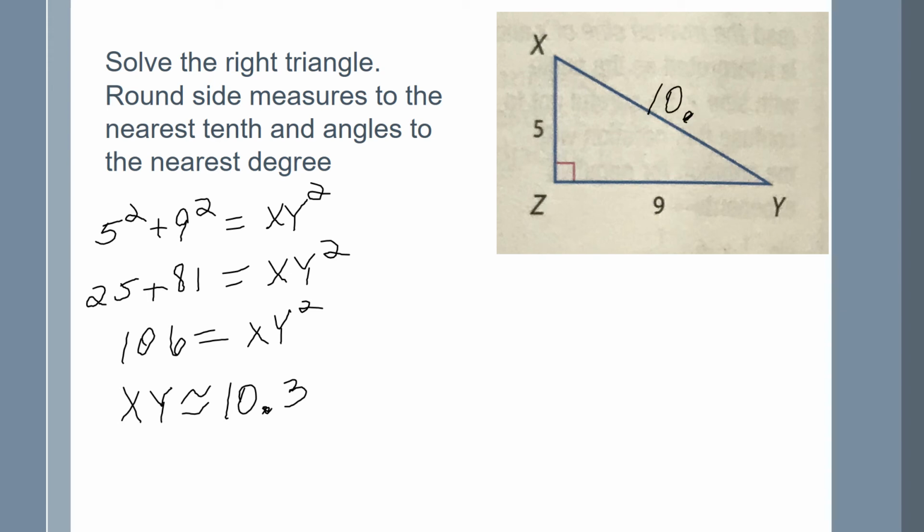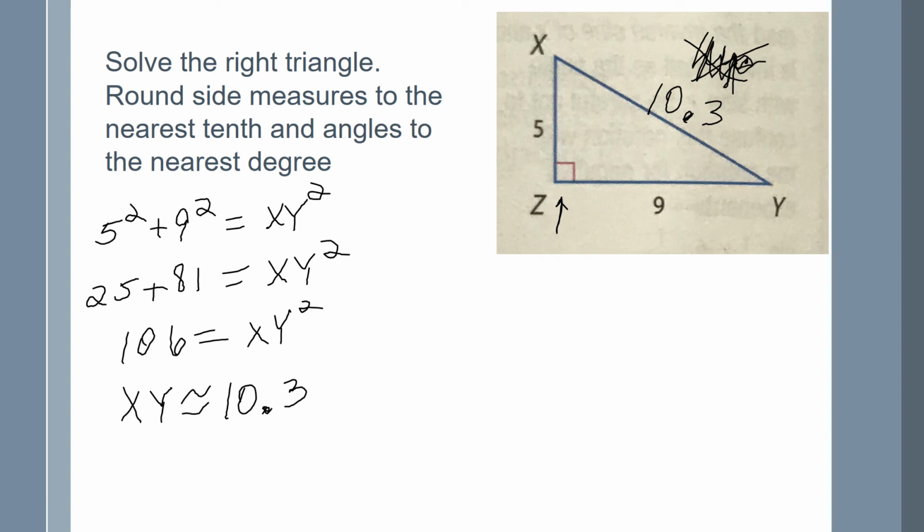Now, I pick an angle. It doesn't matter which angle. I know angle Z is 90. That's nice and easy, right? So I can say y or x. I'm going to go with x. So I don't want to use the hypotenuse here. Do not use this. Why? Because that's an approximation. I want to go with something a little more exact. So I've got 9 and 5.